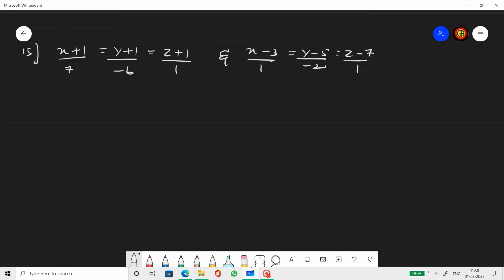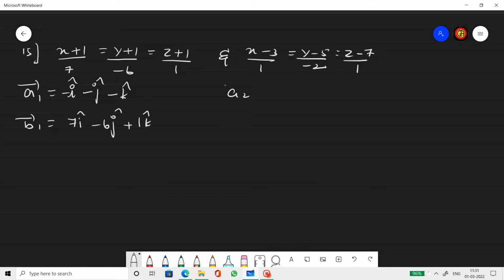Now, as I said, let's take the A1, A2, B1, B2 from this. So A1 vector is minus i cap minus j cap minus k cap. B1 vector equals 7i minus 6j plus 1k cap.